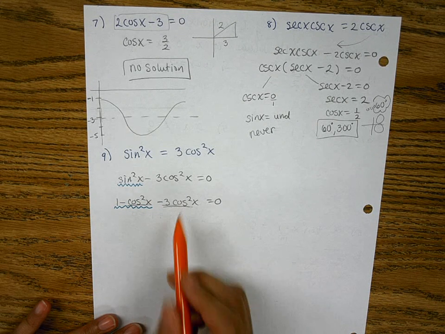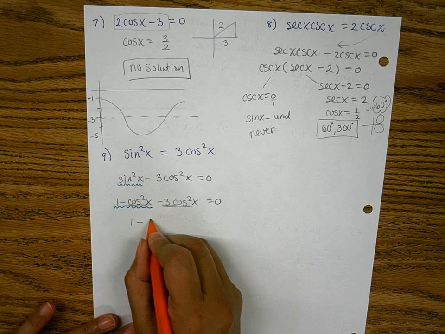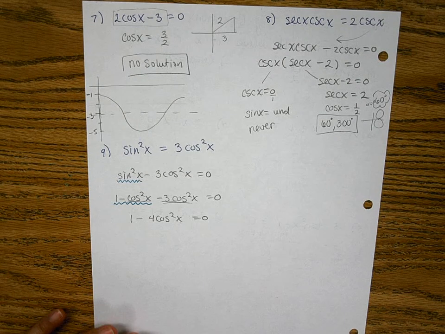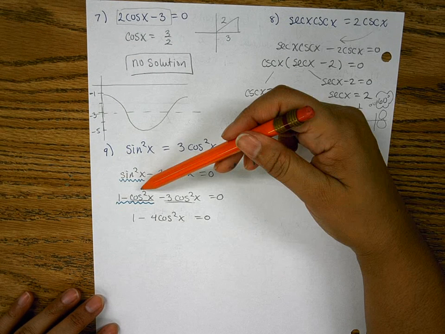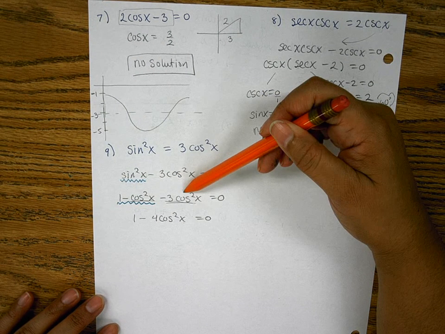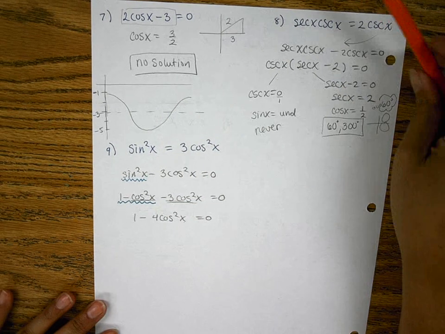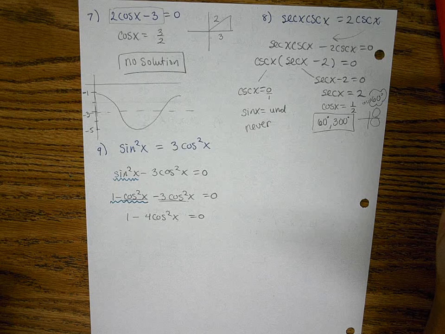Okay, there's not a GCF, but there are like terms right here and right here. 1 minus 4 cosine squared x equals 0. Do you guys see how I got that? Negative 1 cosine squared, negative 3 cosine squared is negative 4 cosine squared.